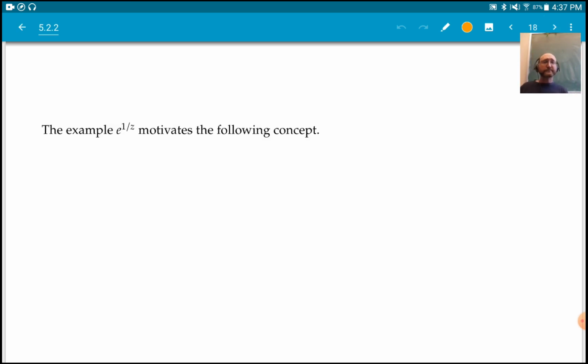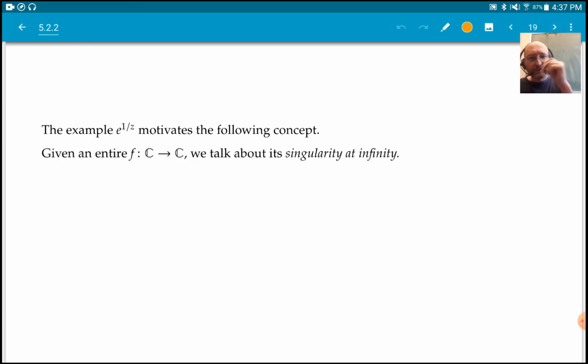All right. Now, let's look at e to the 1 over z and relate it to e to the z. So 1 over z takes infinity to 0 and 0 to infinity, so we can talk about singularity at infinity. Let's do it for an entire function.